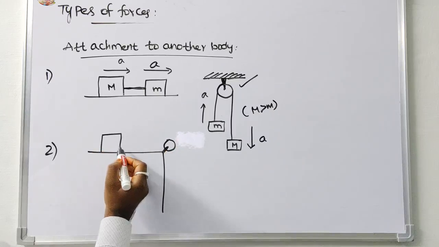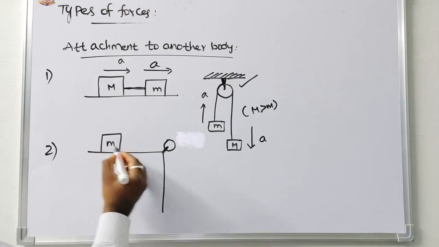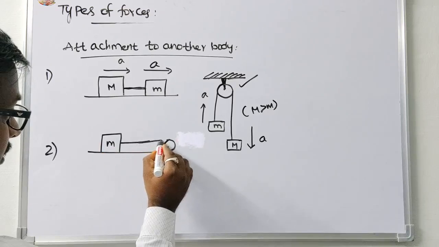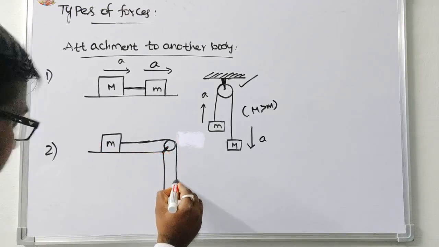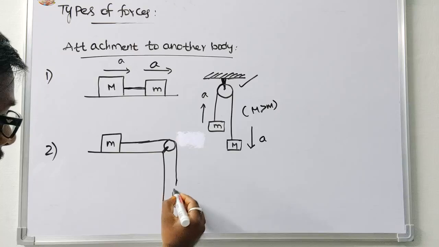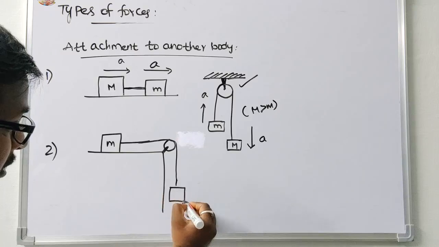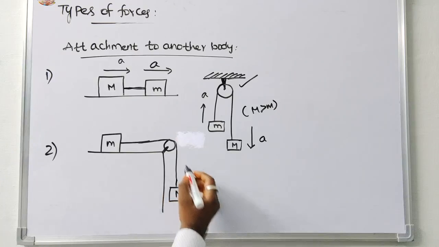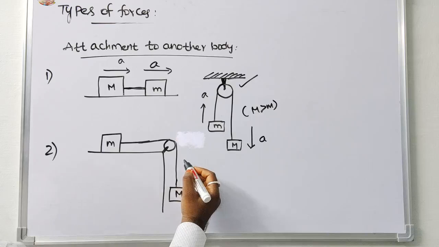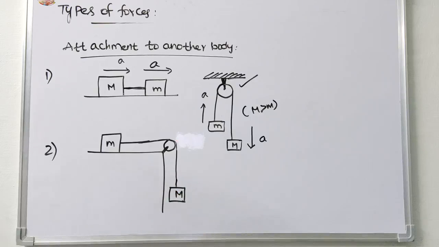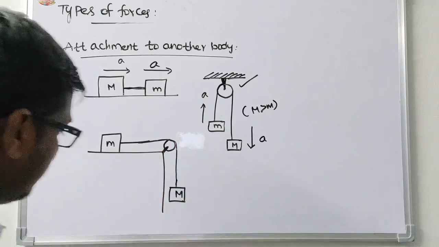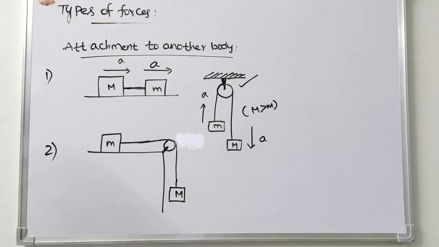This is the block, small m, connected to a string passed through the pulley. At the other end of the string, one block is hanging down, capital M. In this case the string and pulley are massless, and there is no friction between pulley and string.